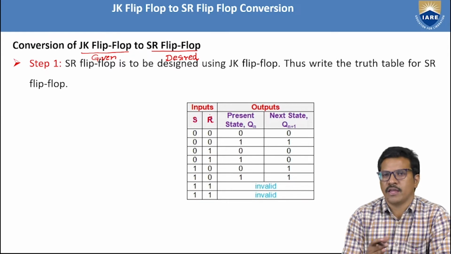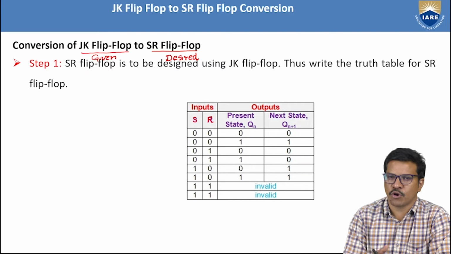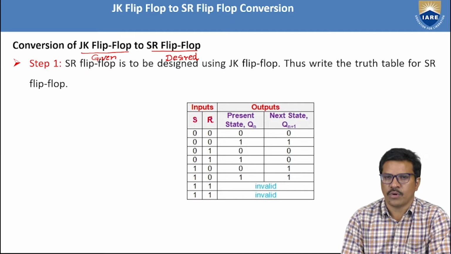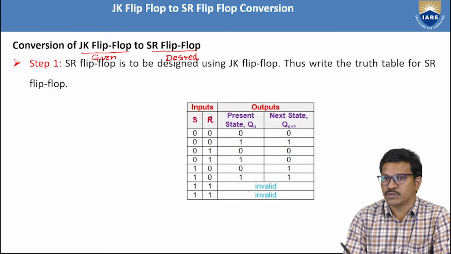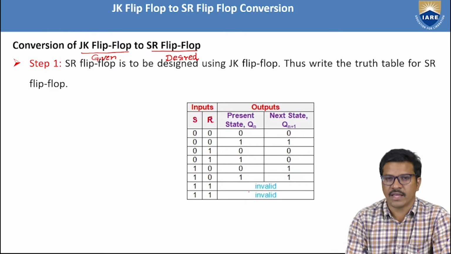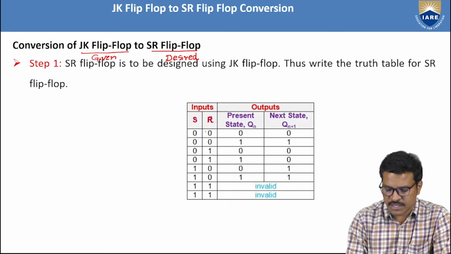S and R are the inputs, and the truth table gives the relationship between the input combinations and the output: what will be the next state? In this case, we consider this one as the present state, and this will be the next state by applying the required input. This is the truth table or characteristic table.